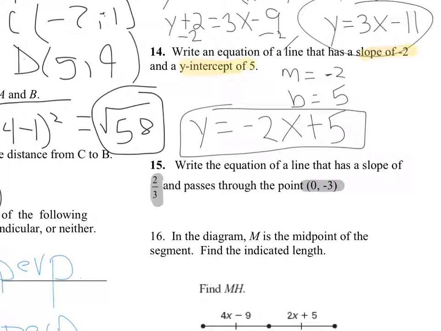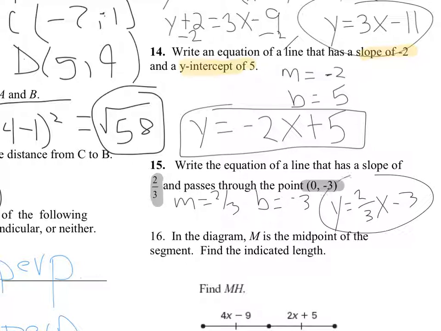But hopefully, to save yourself a bit of time, you realize that it is the y-intercept. And so, again, you have m, you have b, and you're going to get y equals mx plus b, which since it's a negative 3 will be minus 3.